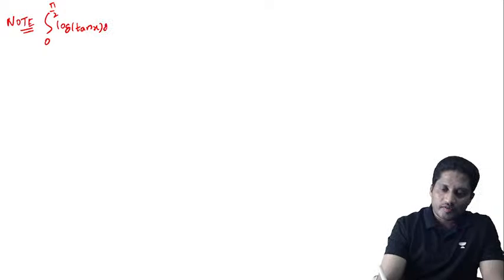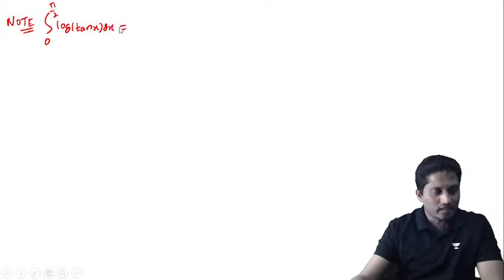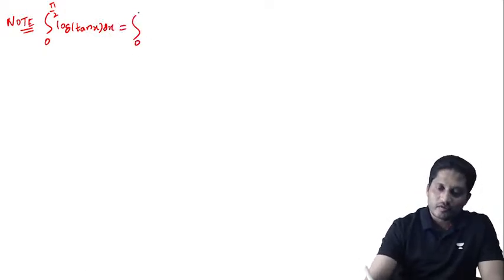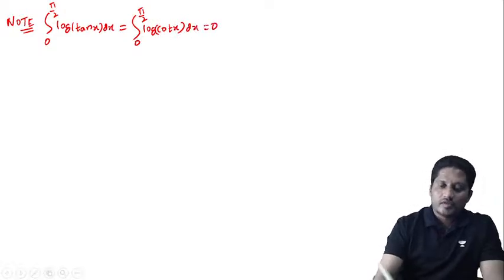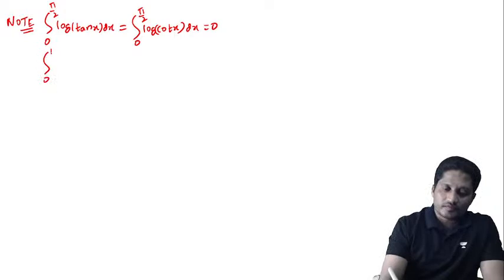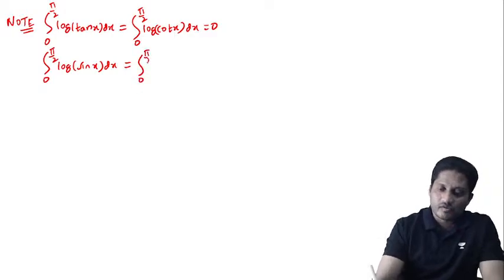Hi Annie. This is equal to the integral from 0 to pi by 2 of log of cot x dx, and this will be equal to 0. Similarly, if I have 0 to pi by 2 log of sin x dx, it is the same as 0 to pi by 2 log of cos x dx.